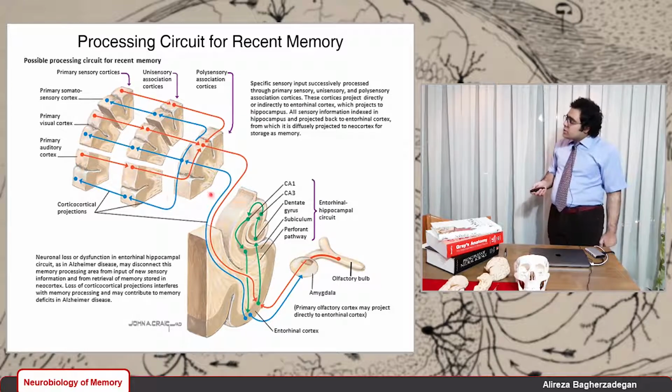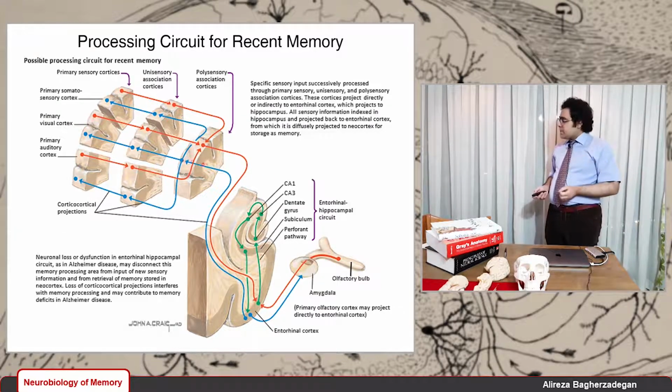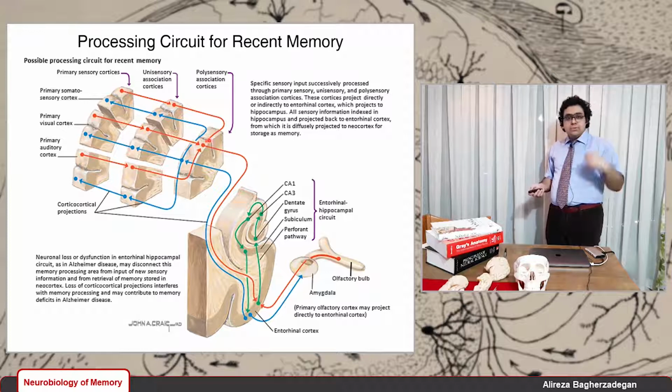And this shows a very fundamental concept about memory. Later I'm going to explain it in further detail, but memory is not stored in the hippocampus. Memory is formed in the hippocampus, and then it is transferred to different cortical areas to be stored.